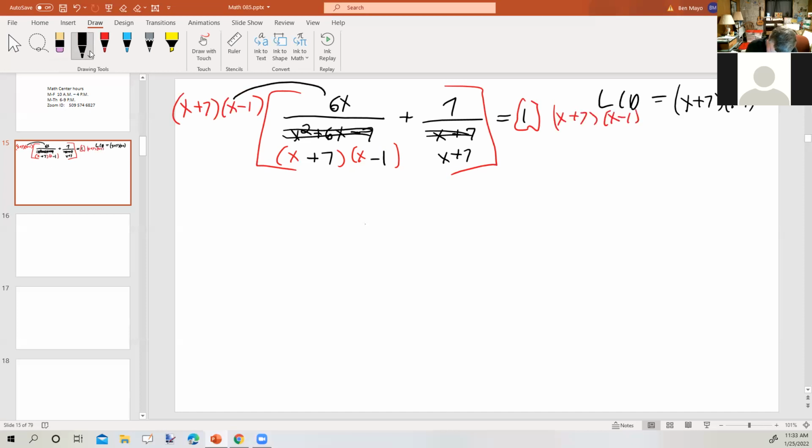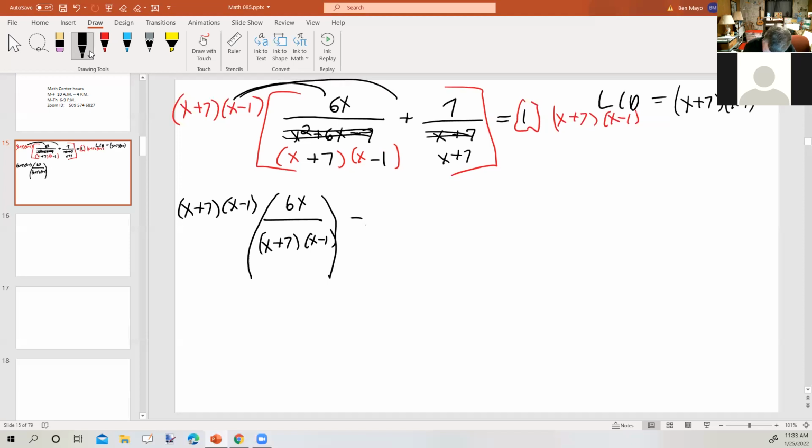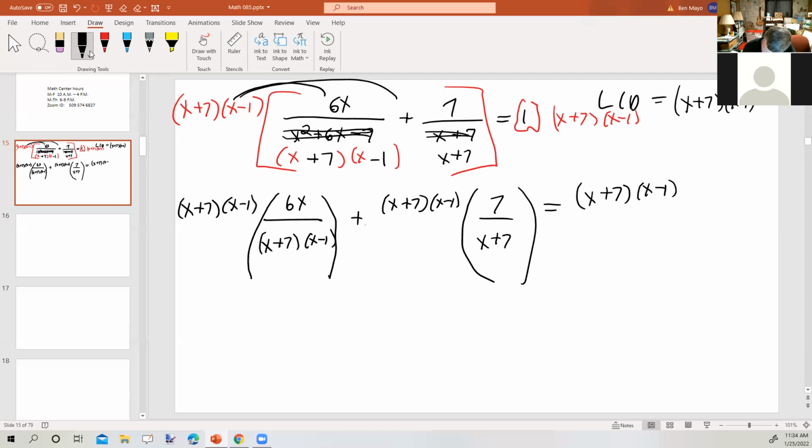So here, distributing, we've got x plus 7 times x minus 1 times 6x over x plus 7 times x minus 1, plus x plus 7 times x minus 1 times 7 over x plus 7 equals x plus 7 times x minus 1 times 1. All right, any questions so far?